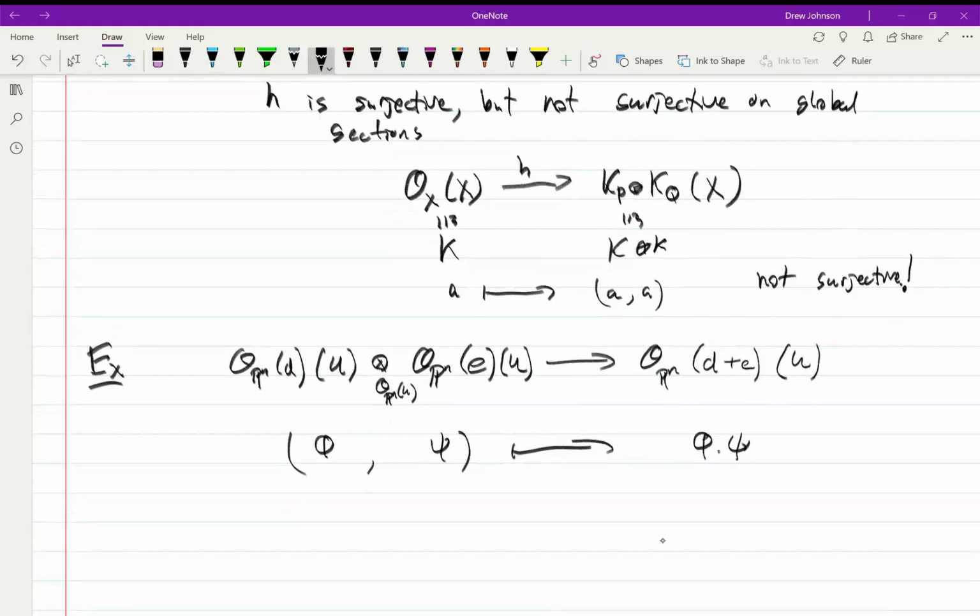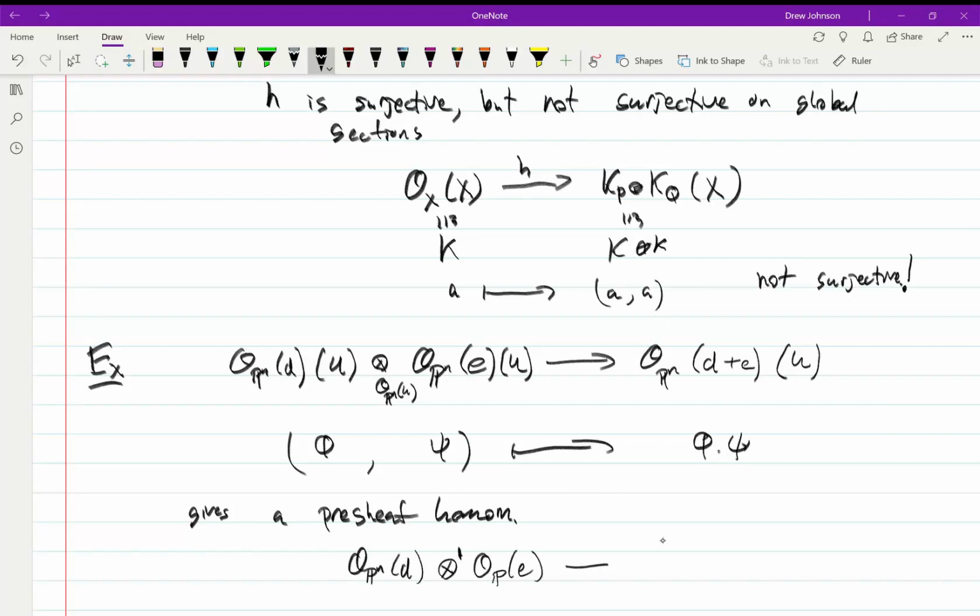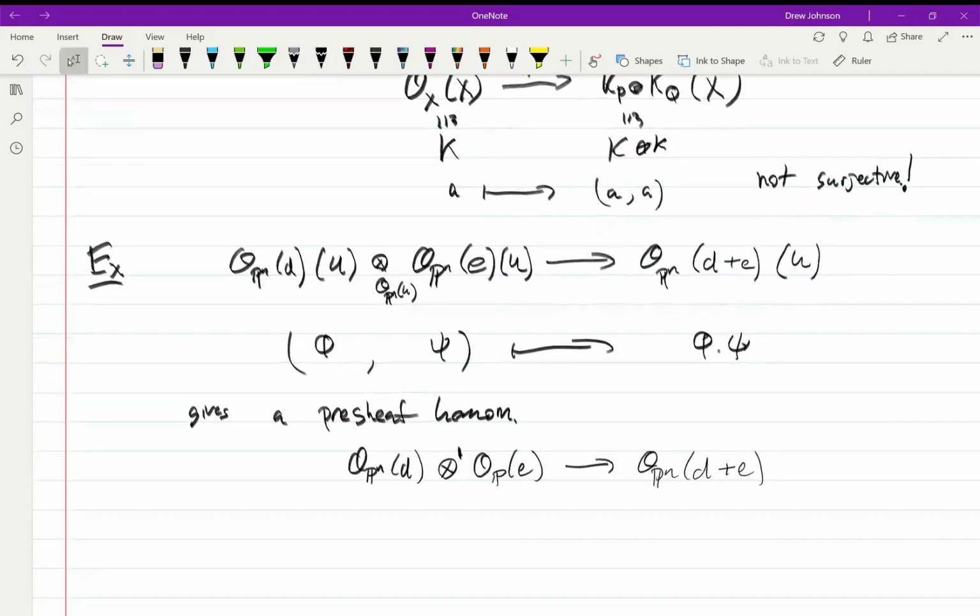This would give a pre-sheaf homomorphism from O_{P^n}(d), the pre-sheaf tensor product, right? It's hard to check that this is compatible with restriction maps.